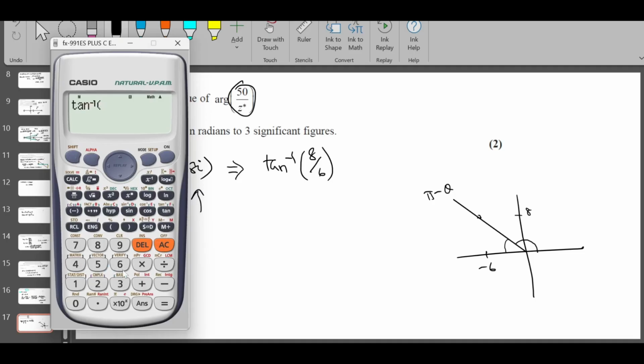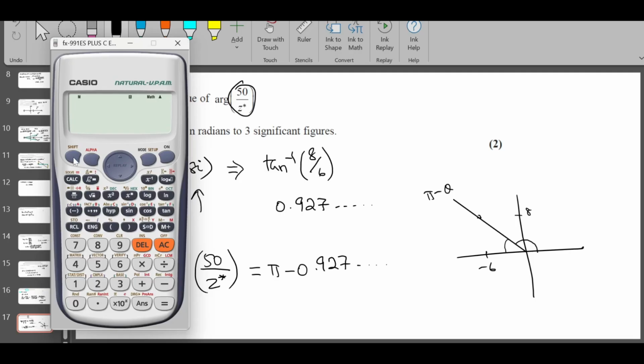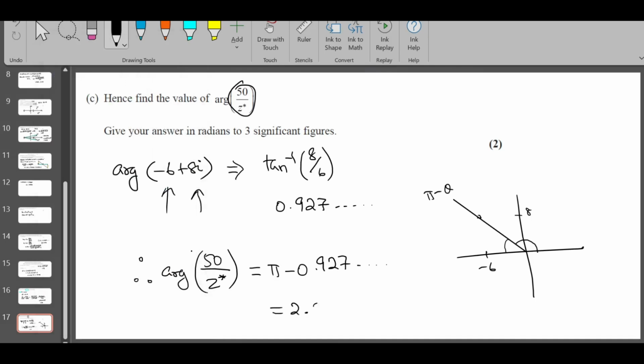Tan inverse of 8 over 6, 0.927... Therefore argument of 50 over z star is equal to pi minus this value, pi minus the answer. And they want you to round it to 2 significant figure, 2.21 radians. That's the final answer.